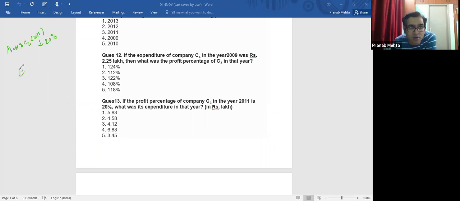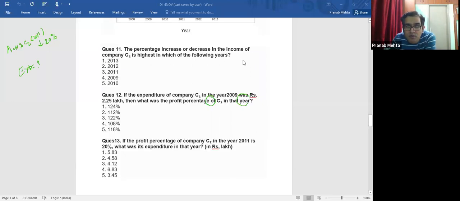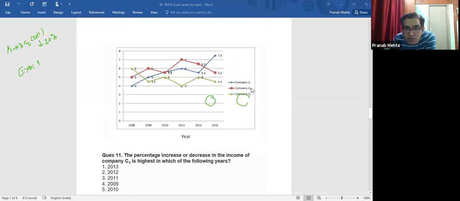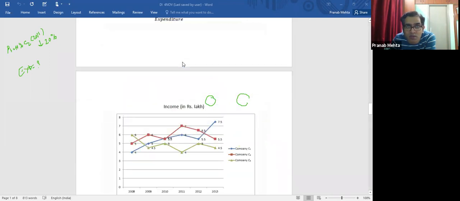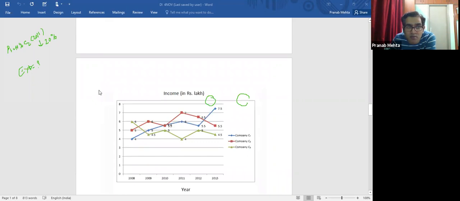Profit percent is given as 20% for C2 in 2011. C2 is this one, 2011 is this one. Remember, this is income data we are talking about. So we know that income in 2011 is 7 lakhs.